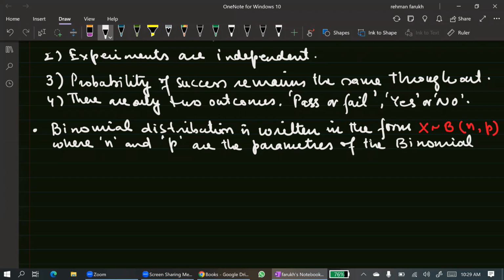Of the binomial distribution. Now, what is n and what is p? N is the number of experiments.